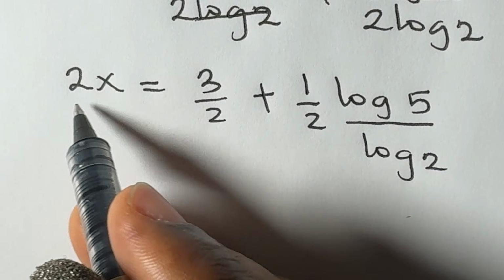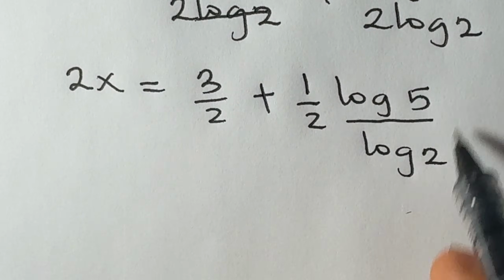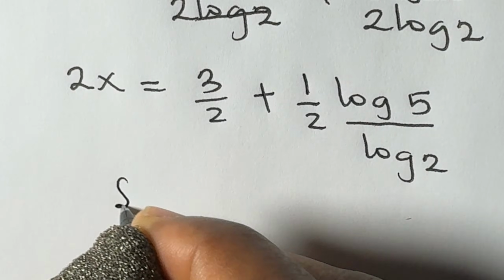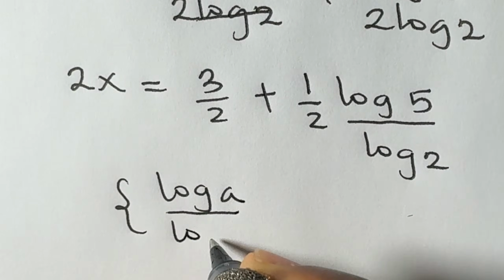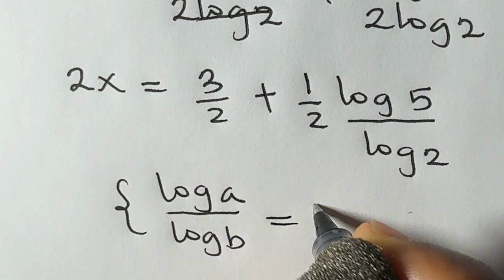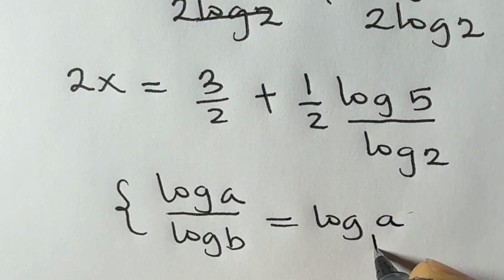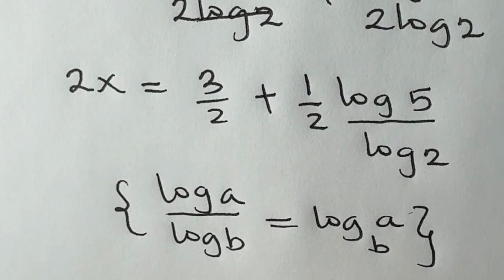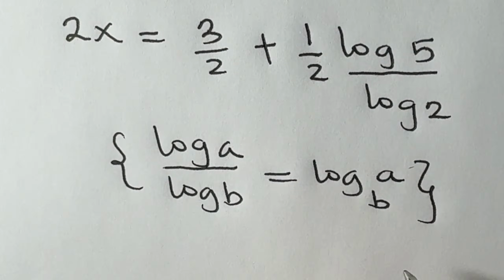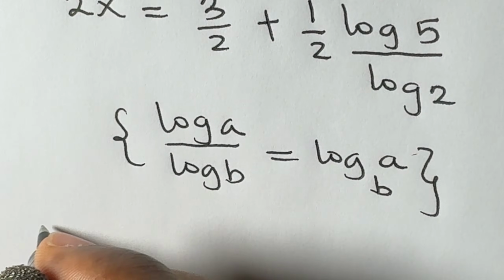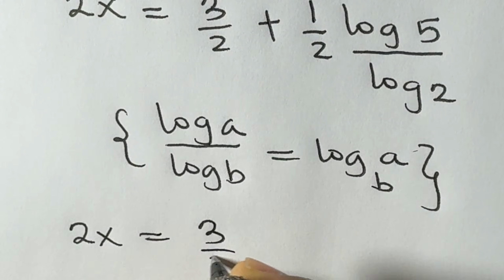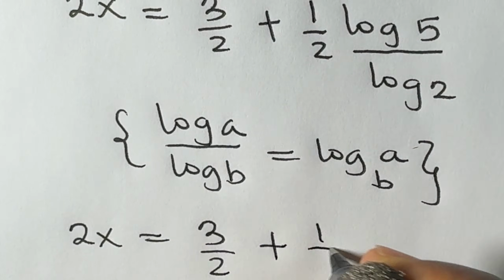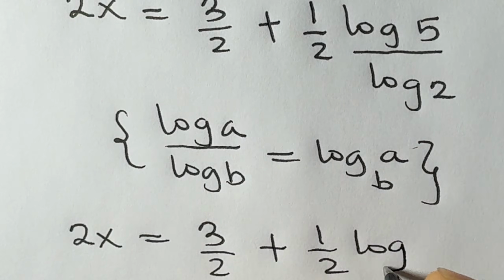Before I go on and divide both sides by 2, let us change this expression using this law of logarithm. Log A over log B will give us log A base B. So we can rewrite 2x as 3 over 2 plus 1 over 2 log 5 base 2.